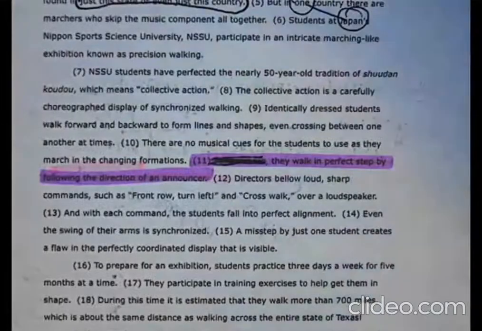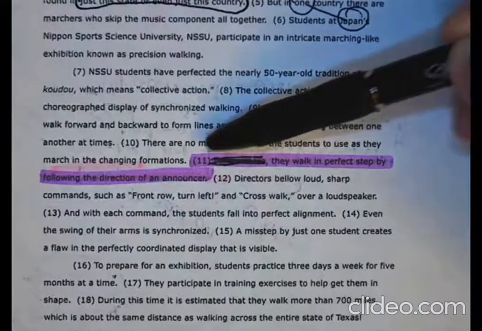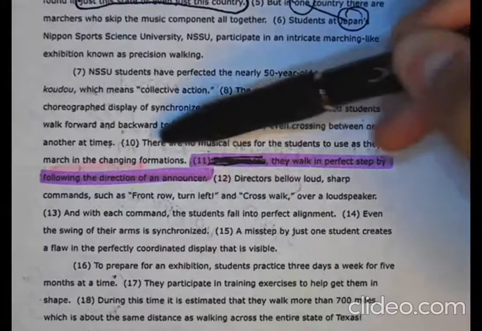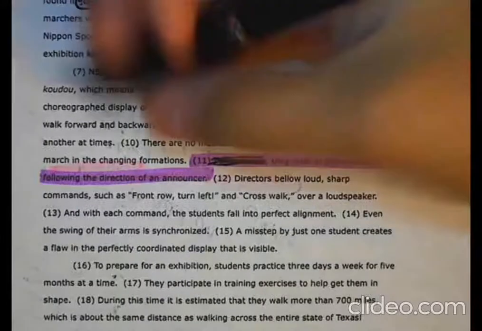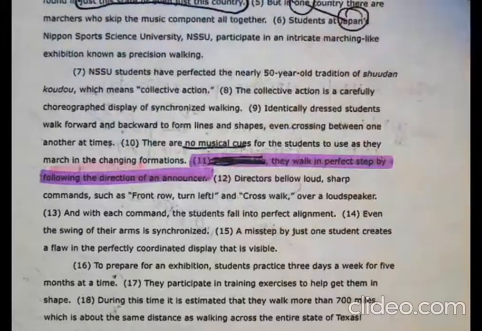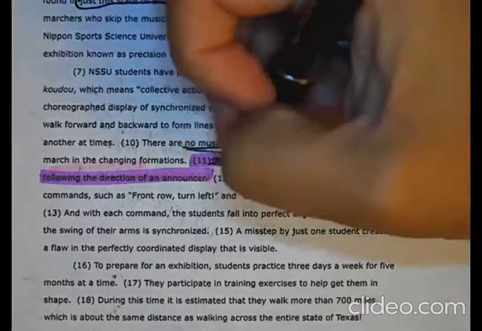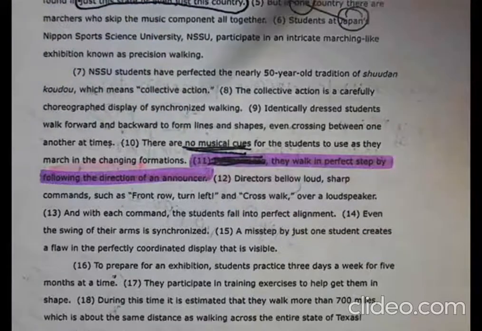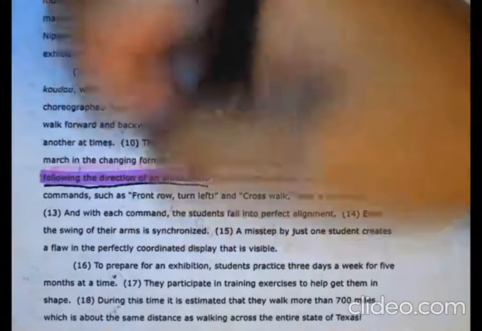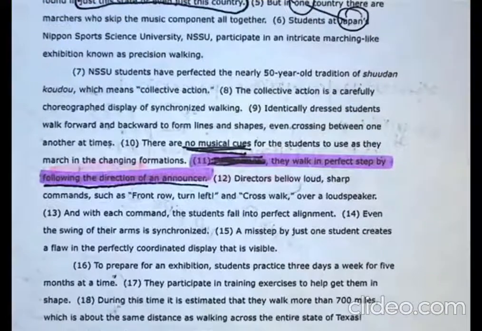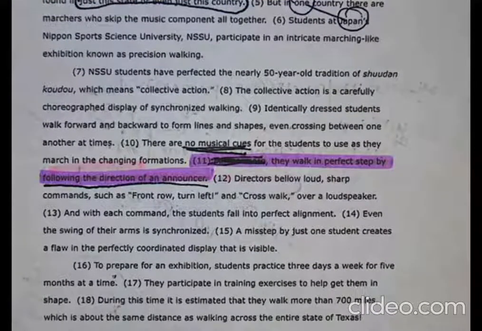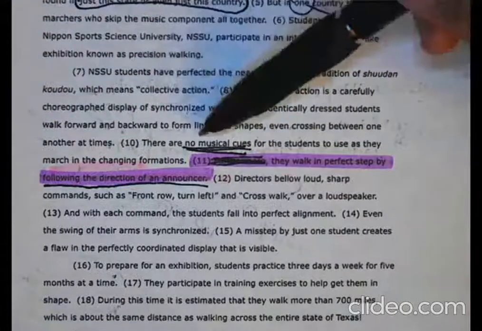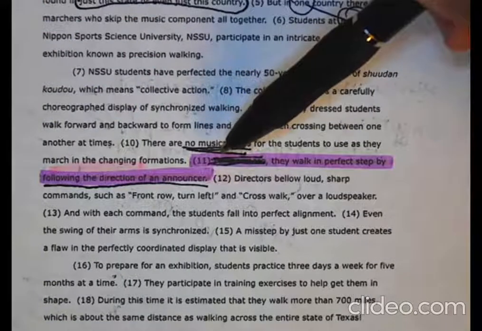Okay, so now we gotta think. Are we trying to provide evidence or emphasize that they don't use musical cues? Or are we trying to say they don't use musical cues, but they actually do this instead? Right? So if you pay close attention, we'll see.